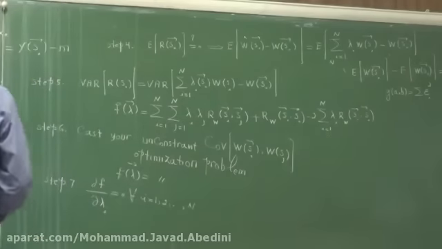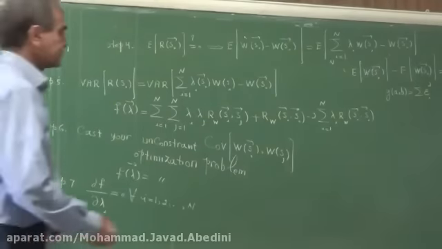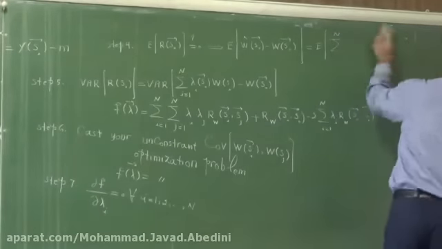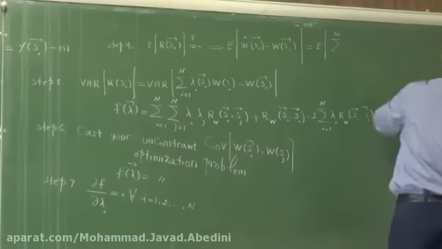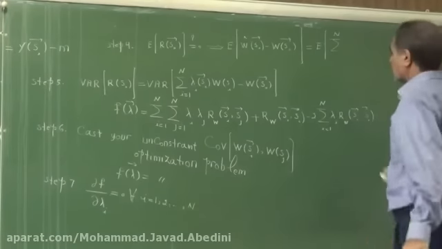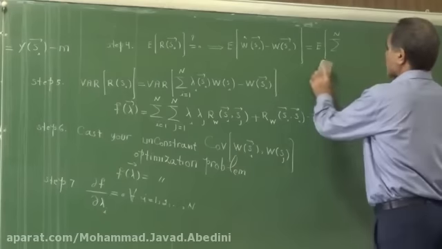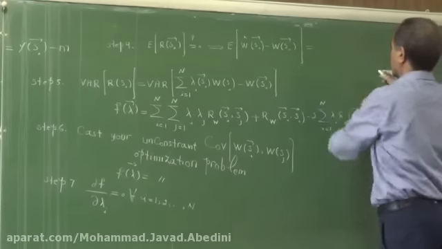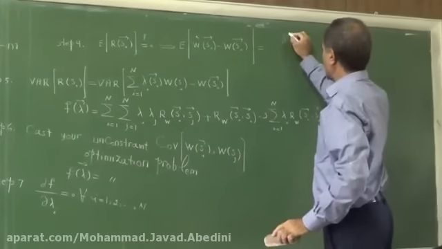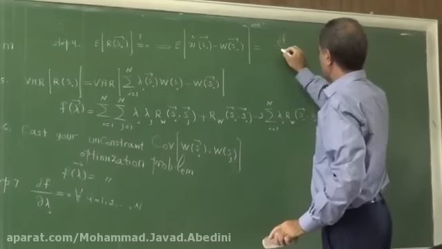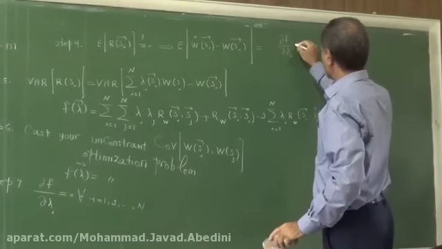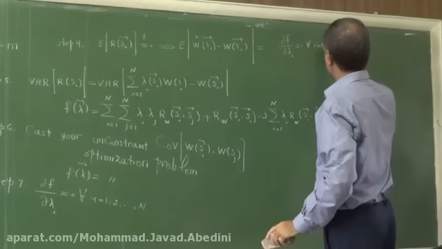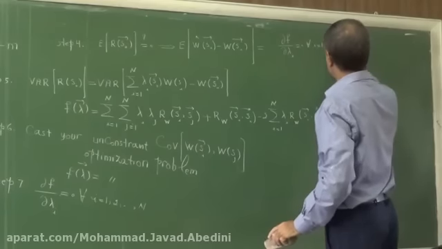Let me write down partial derivative of f with respect to lambda I equal to 0 for all I from 1 up to n.